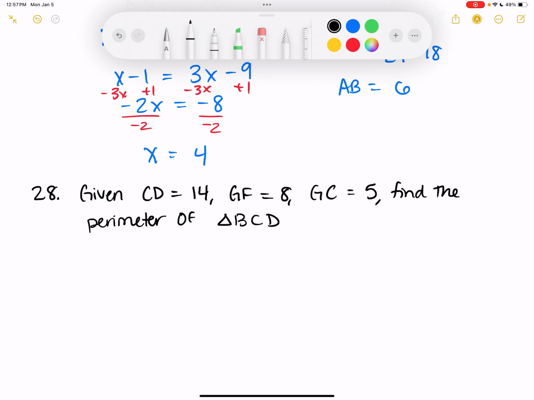So they're going to give us a triangle of what this looks like so that we're not playing a guessing game here. So the big triangle is BCD. And then we have our little triangle inside.